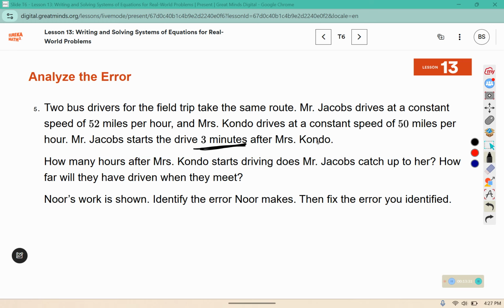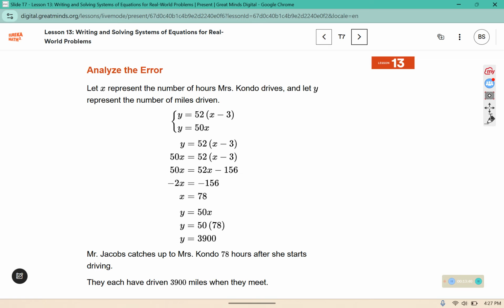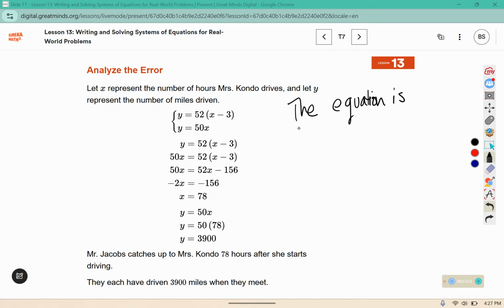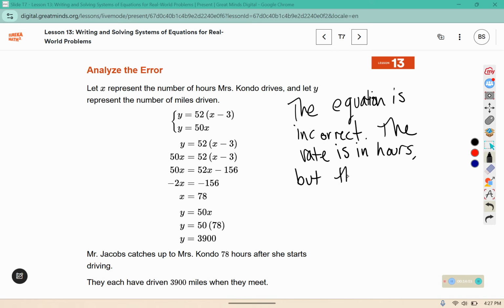The equation is incorrect. The rate is in hours, but the 3-minute difference should be written as 3 minutes out of 60 in an hour, or if you wanted to use the decimal version, 3 out of 60 is 0.05.